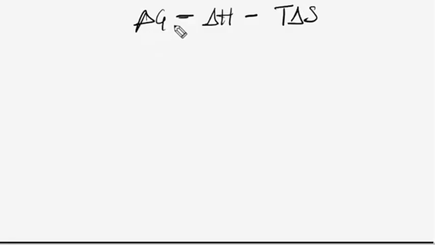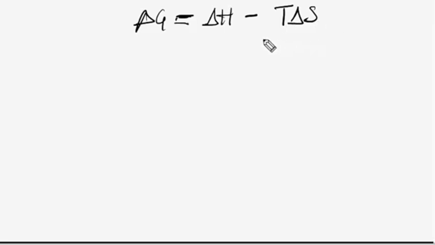So we have delta G equals delta H minus T times delta S. This means that the Gibbs free energy is equal to the enthalpy change minus temperature in Kelvin times the entropy change.